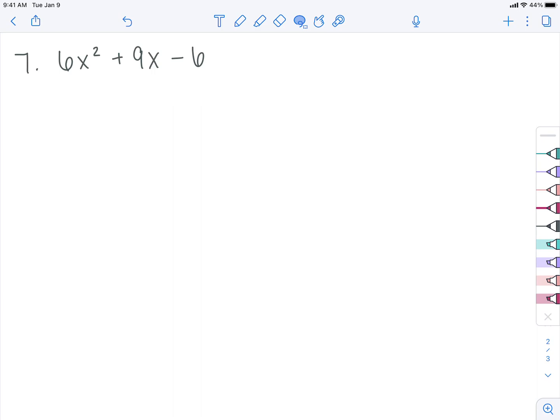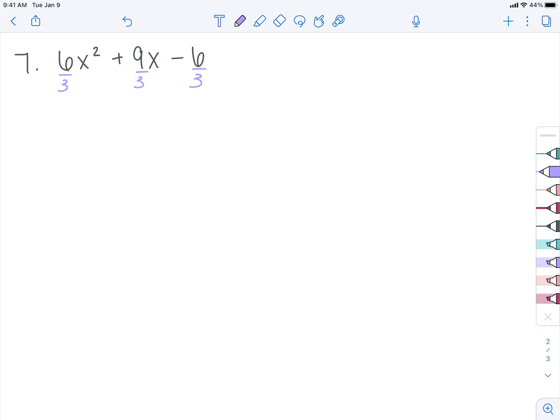So anytime I can take out something or I can simplify all 3 numbers by the same number, I'm going to do that. So since I can take each of these numbers and divide them by 3, it has to be the same number in order for me to do this.